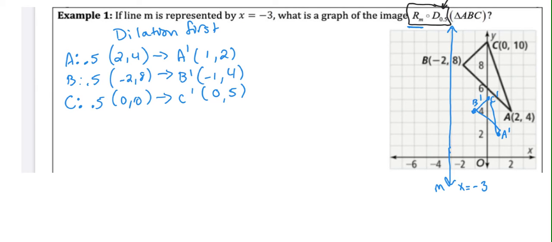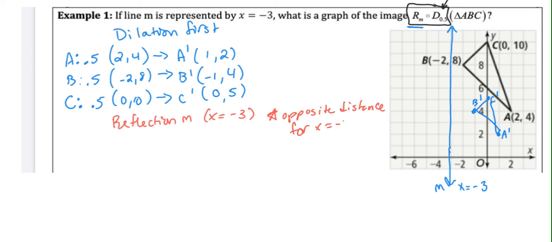Now, a reflection of M, meaning x equals -3. That means we're going the opposite distance from x equals -3 for each of those 3 points.